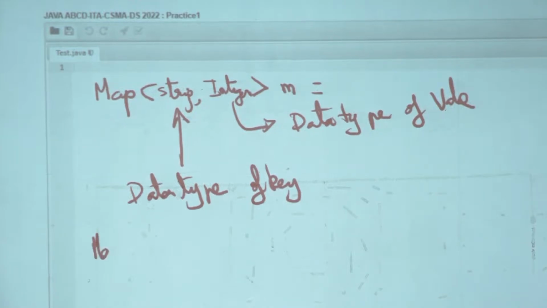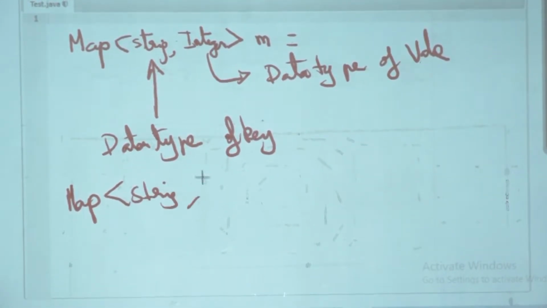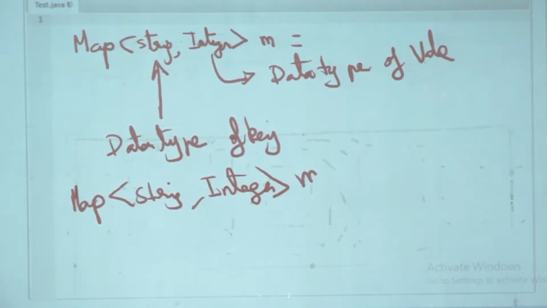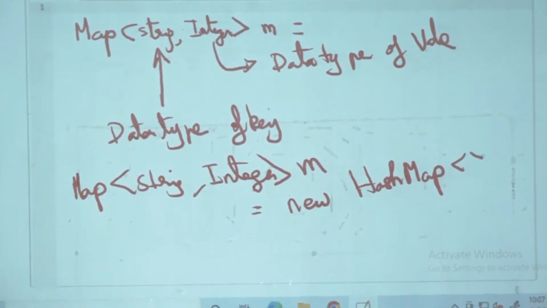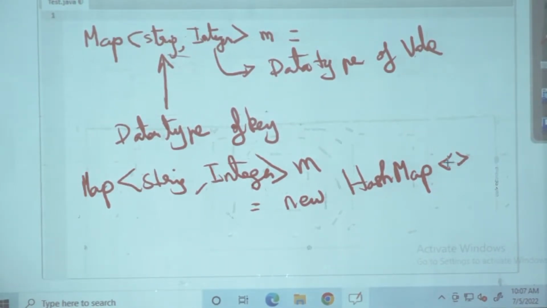Map, string comma integer, M is equal to, now I can say one of these implementations, new HashMap. This is one kind of map, and just put angular brackets. This corresponds to this. Again, if you want, you can say the same generic type, string and integer, but that's not necessary.